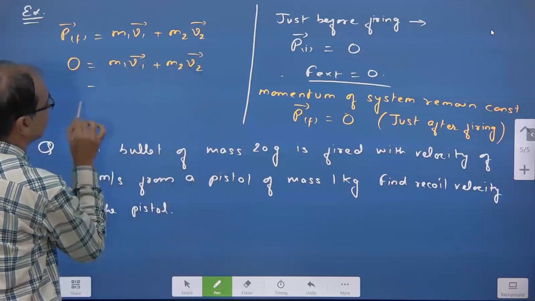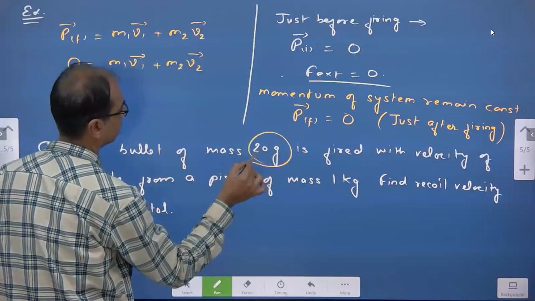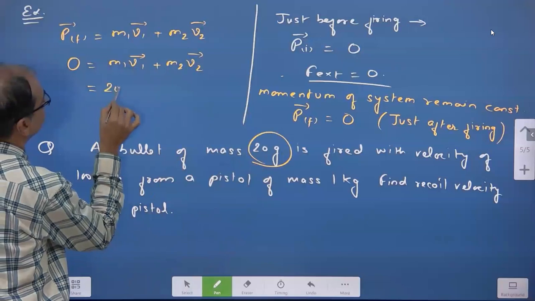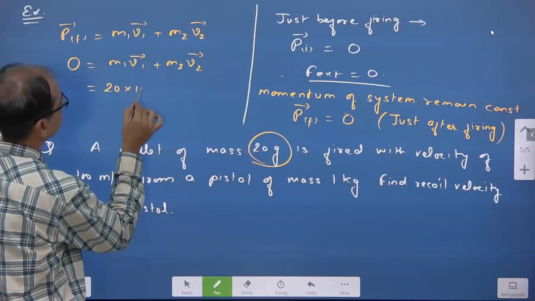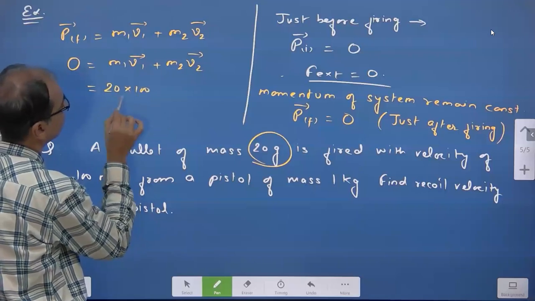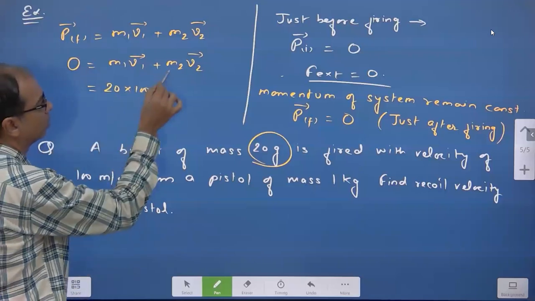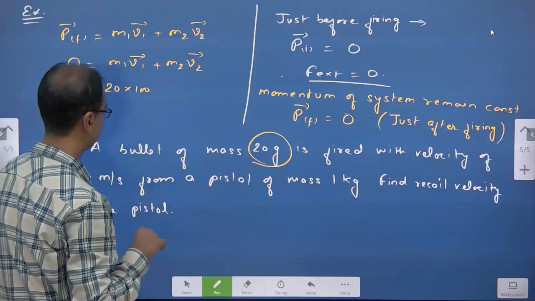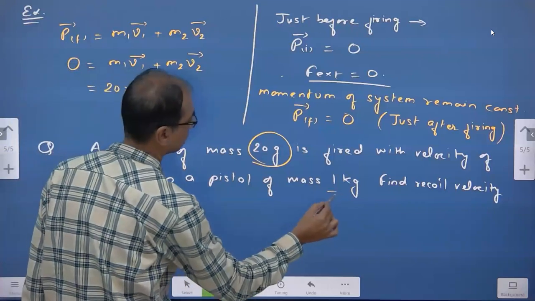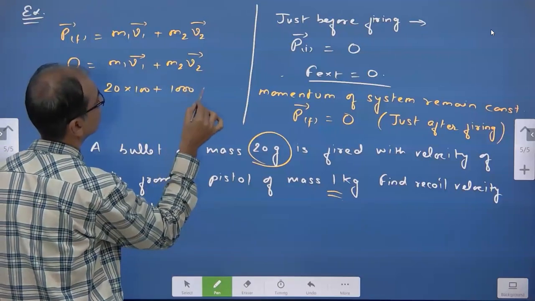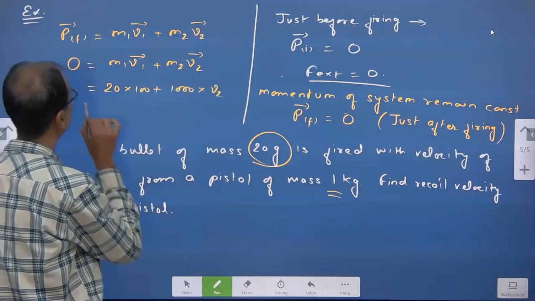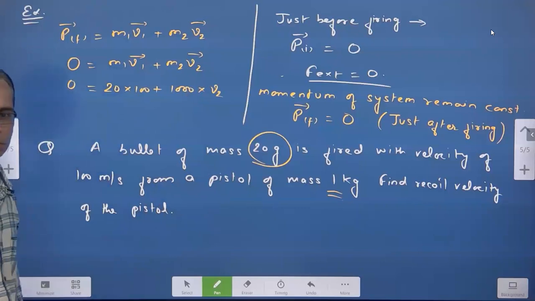Put the values. M1 is 20 gram. V1 is 100. Since this is in gram, M2 I'll also keep in gram only. M2 is 1 kg, so 1000 into V2 equals 0.